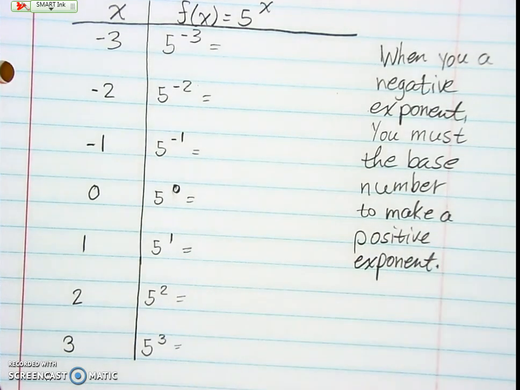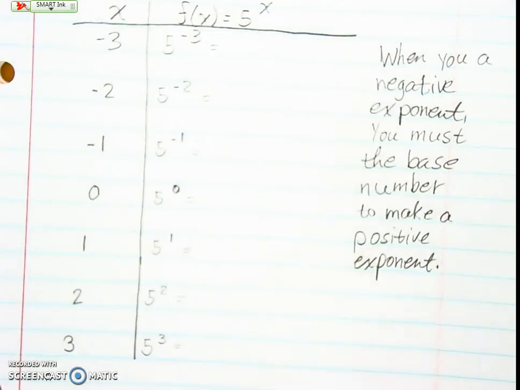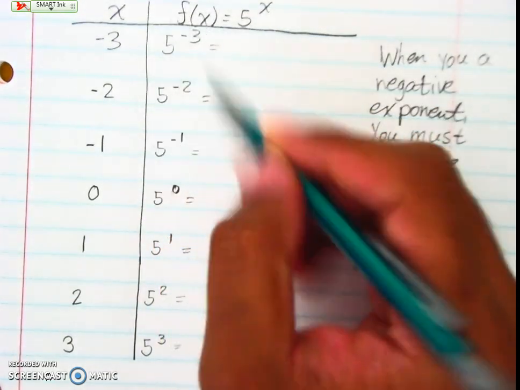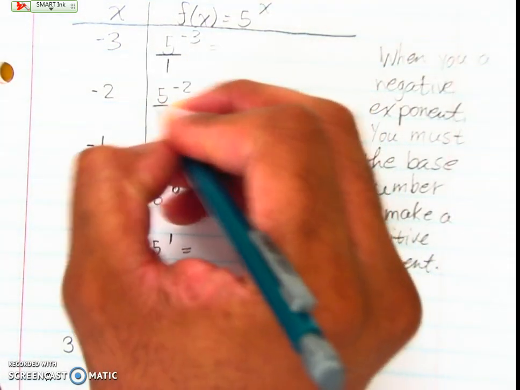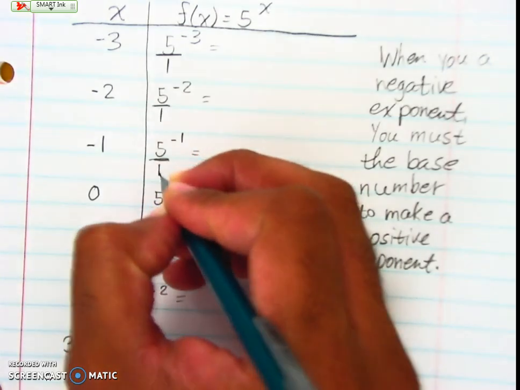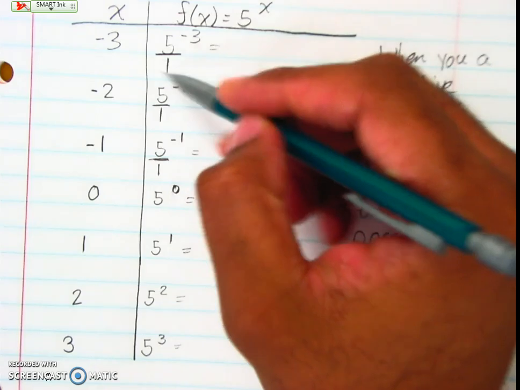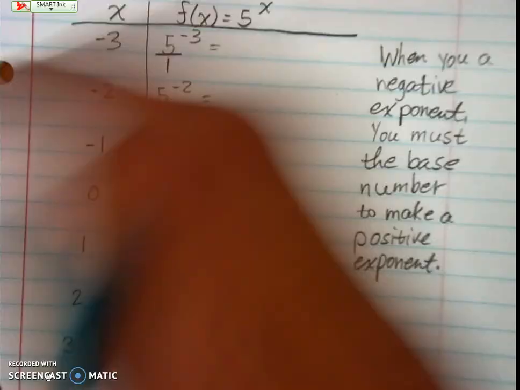You must flip that base number, the big number, to make a positive exponent. You must do that. So since these are negative exponents, we have to flip them. When we say flip them, we know there's an understood 1 underneath each one of these. So we flip this part to make the exponent positive.